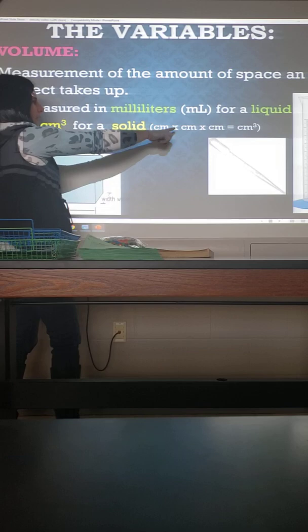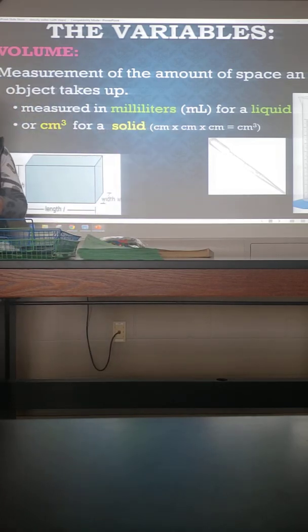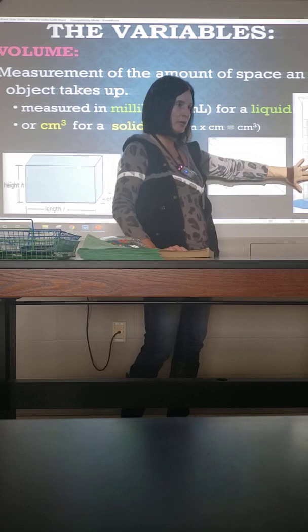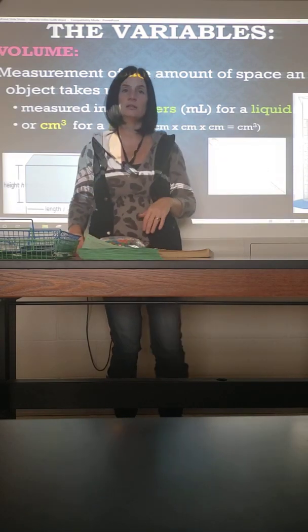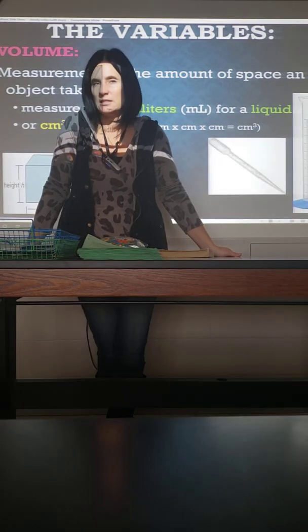So 1 milliliter is exactly equal to 1 cubic centimeter, or 1 centimeter cubed. And that lets us mix our liquid volumes with solid volumes.